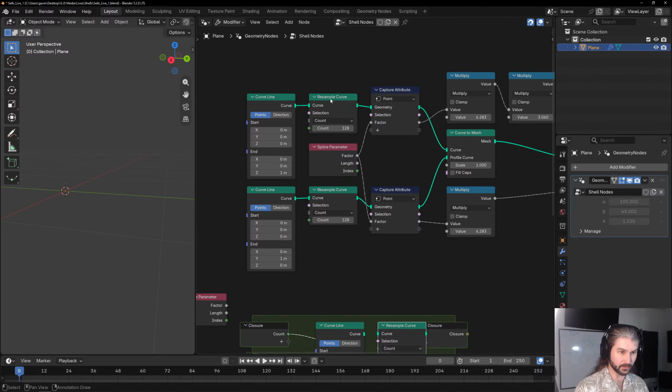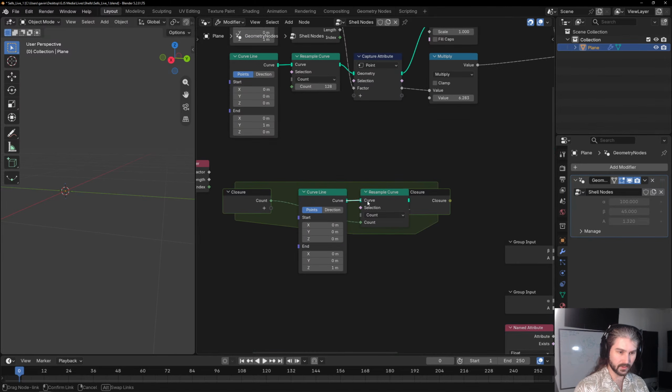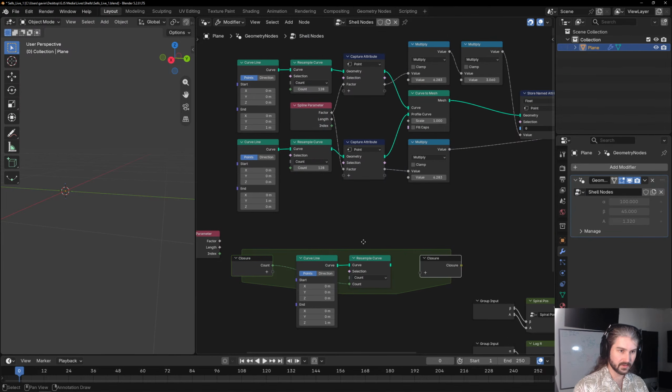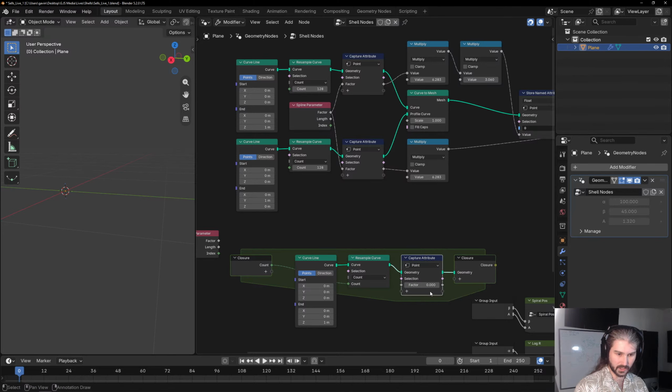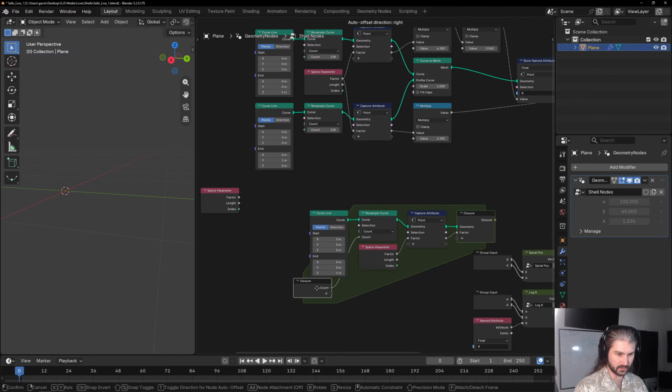I haven't adjusted it here, but I do want to have a different amount of points. And then capture the attribute. And we could take this, plug in our geometry and parameter or factor.